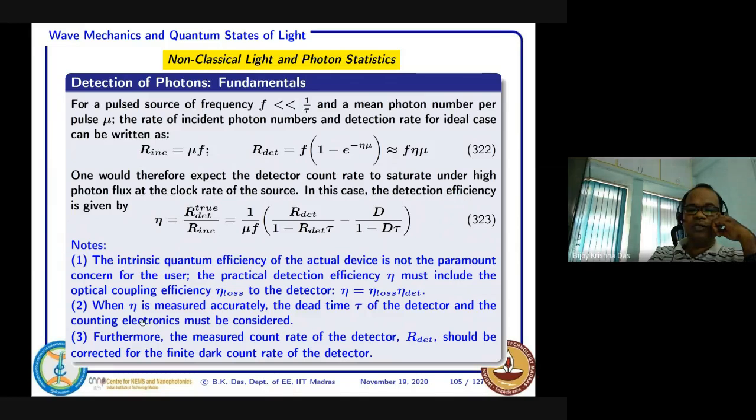And then one thing is that when eta is measured accurately, the dead time tau of the detector and the counting electronics must be considered. So the dead time, not only for your detector: we always say that after one photon, whenever it is releasing and before the next photon, it should relax back.